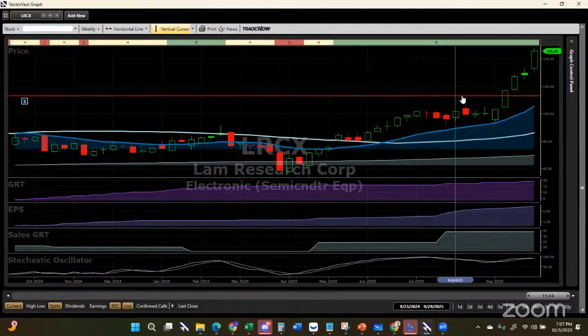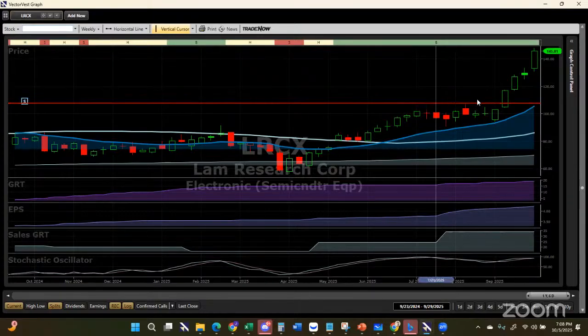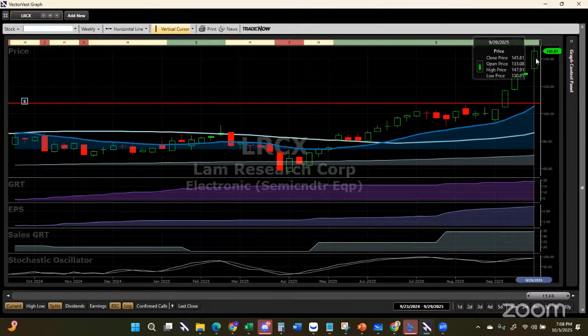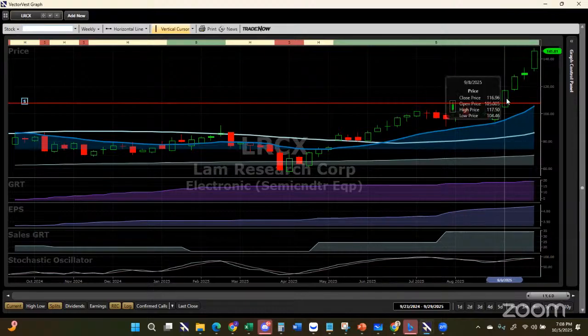So I had reviewed this one, LRCX, right here. About 4 weeks ago, it had a weekly breakout. I closed at 116, 117 at that time. And last week, it went to almost 148. So 118 to 148.